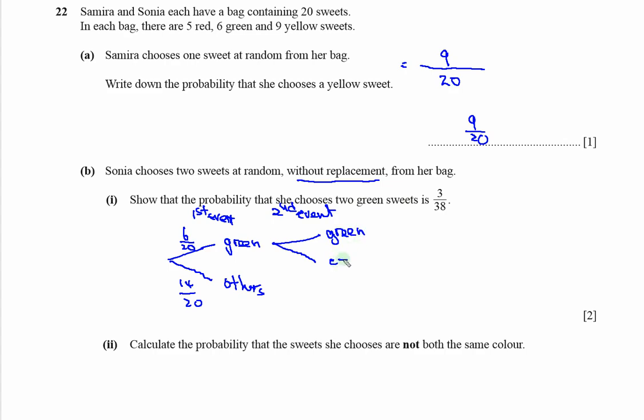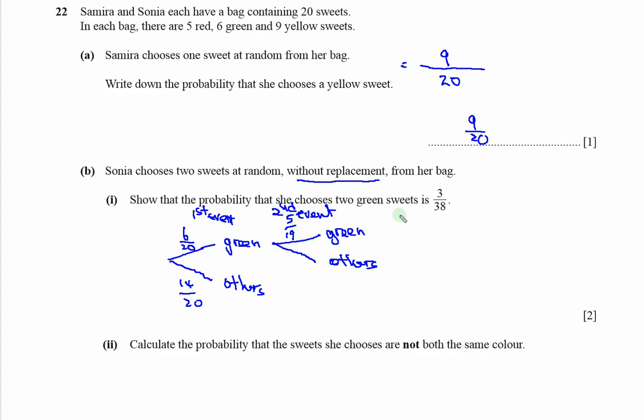These others, this one is others, so this is not to be considered because we only want 2 green. This is basically 20. You pick 1 green, so you're left with 19. Okay. Now, after you take 1 green from the 6, the remainder is 5.